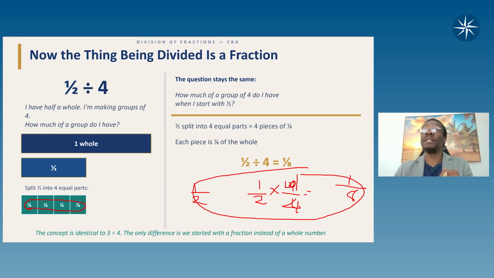What we are asking them to do is to see how many times 1/2 can be divided into 4. Physically, they could take the manipulatives and break this down, and they will see that if they split a half into 4 equal parts, they're going to get 1/8.